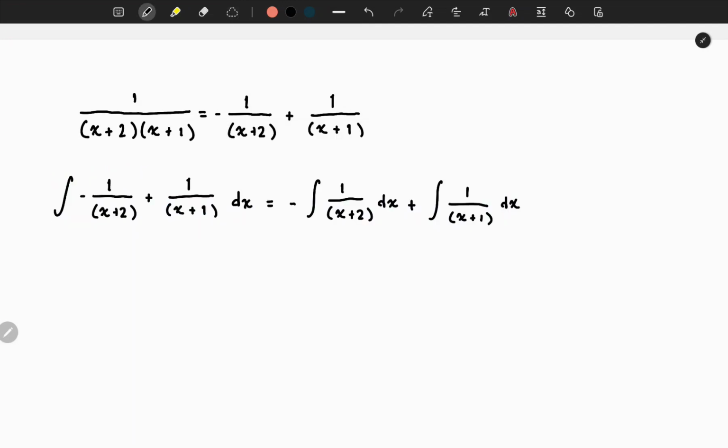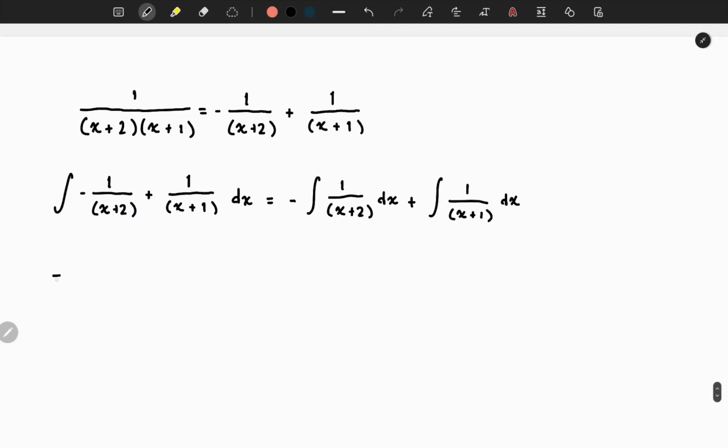We're just going to end up getting negative ln absolute value of x plus 2 plus ln of absolute value of x plus 1 plus C. And so there we have that.